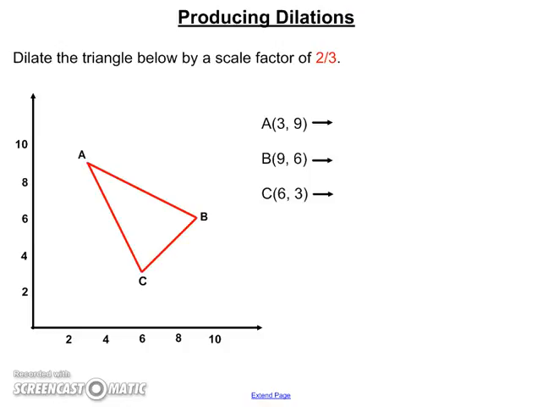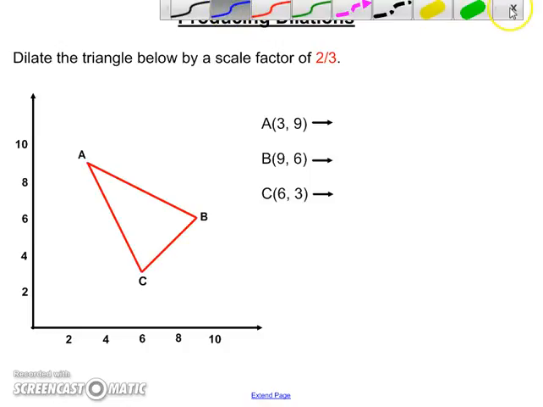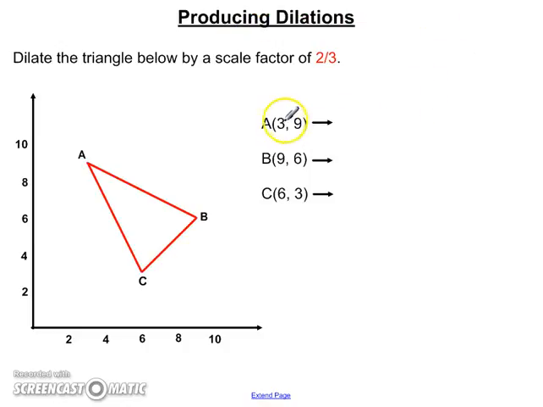Now, this one we're going to work out because it gets a little bit more tricky. Our scale factor in this case is 2/3. So we take 3 and multiply by 2/3. This is where we have to do some fraction work.